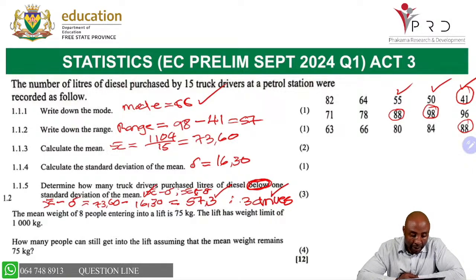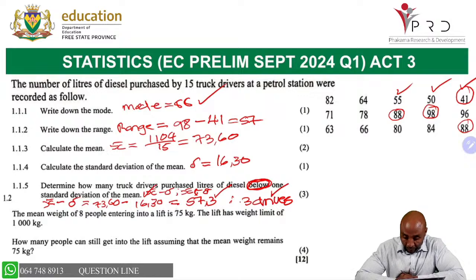we get our 3 marks. 1.2, we are told that the mean weight of 8 people entering into a lift is 75 kgs. The lift has a weight limit of 1,000 kilograms. How many people can still get into the lift, assuming that the mean weight remains 75 kgs?